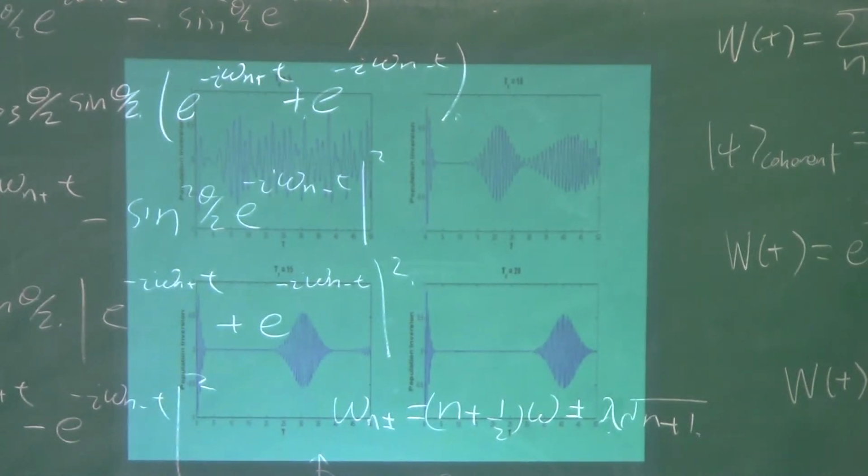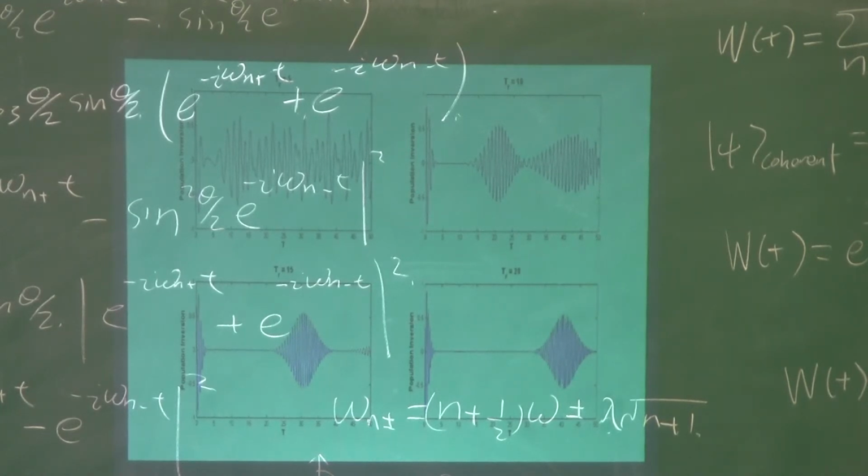And then the first revival, why does it revive? What's happening essentially is that you have a superposition of different number states, and each number is going to cause a different Rabi frequency. So the atom and the field are oscillating at a bunch of different Rabi frequencies that are rather close together.